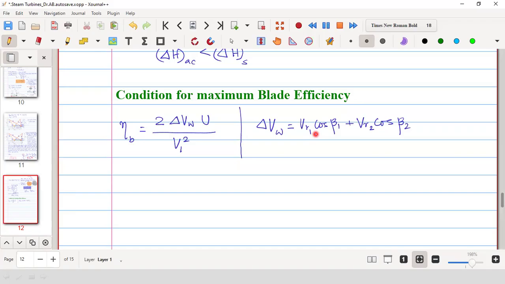If we take VR1 cos beta 1 out, it will be 1 plus VR2 cos beta 2 divided by VR1 cos beta 1.